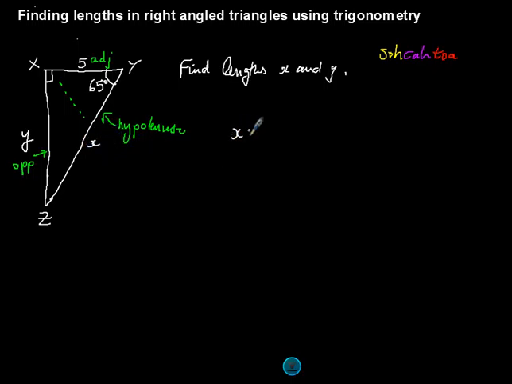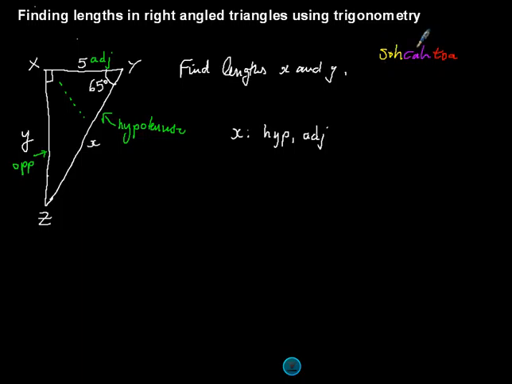Okay, so for x, let's note down that we have the hypotenuse involved, since that's what x is, and also, using the information we have, the adjacent, because we know that the adjacent is 5. So now we need to hunt here in SOH CAH TOA, which one of these looks like a promising ratio to use.